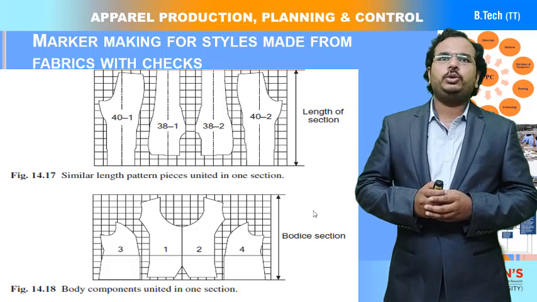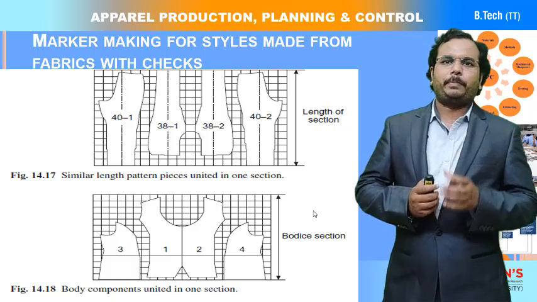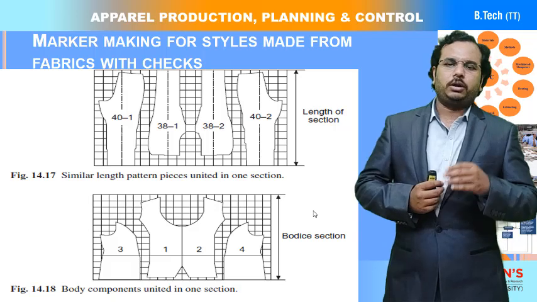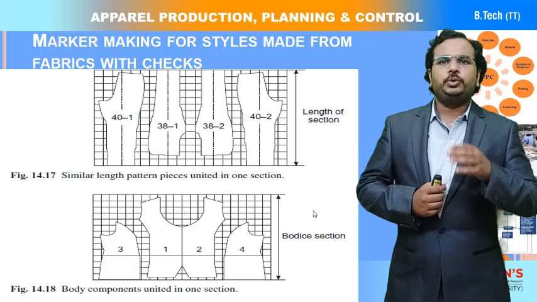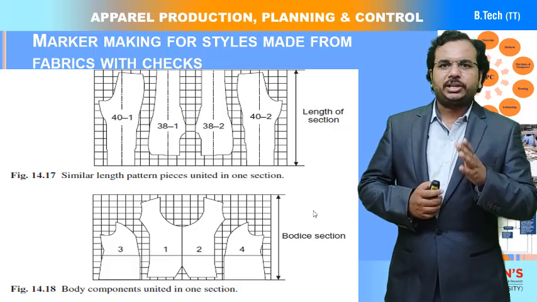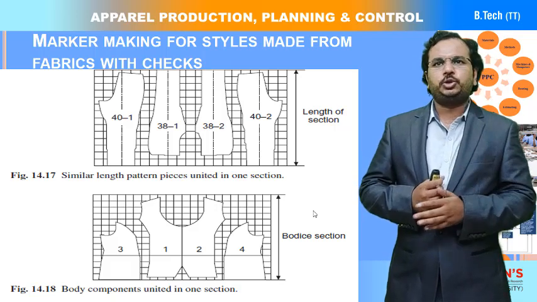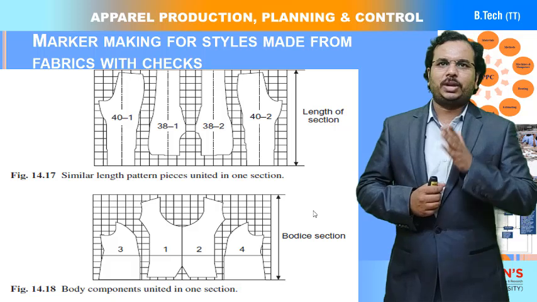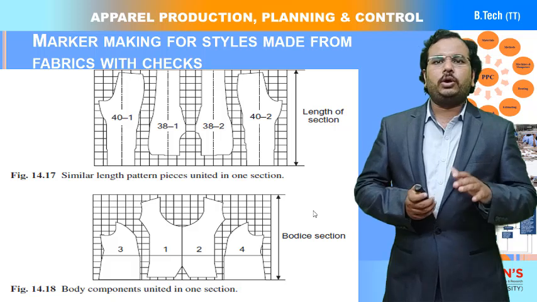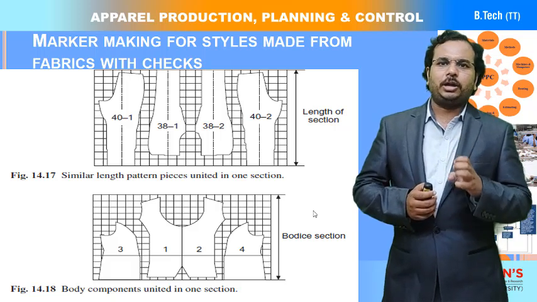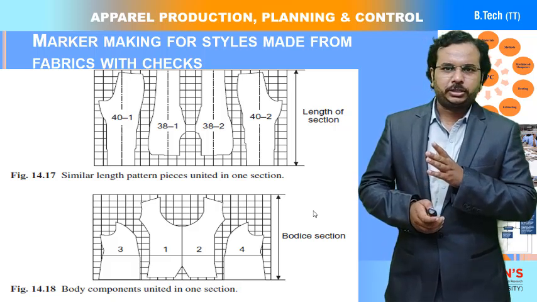While keeping your patterns on the marker or on the fabric, considering the fabric as checks, you need to match the length direction as well as the width direction. Nothing but the grain lines should be in the length direction as well as the weft direction. You need to match both. Then only your cut components are going to be matched after the garment preparation process.